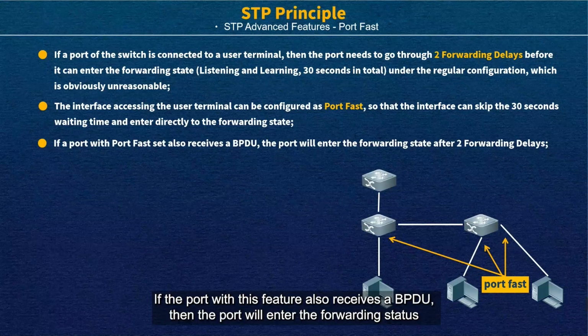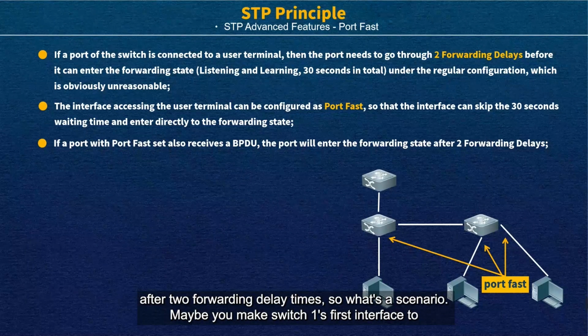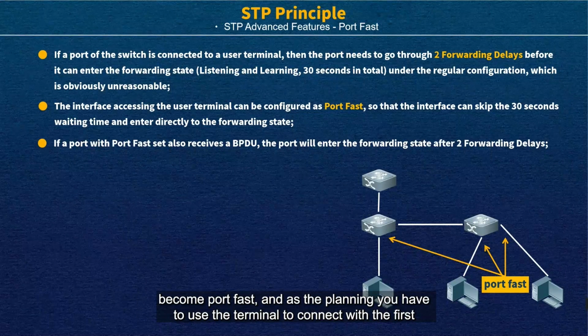If the port with this feature also receives a BPDU, then the port will enter the forwarding status after 2 forwarding delay times. So what's the scenario? Maybe you make the first interface of switch 1 become port fast. And as planned, you have to use a terminal to connect with the first interface.